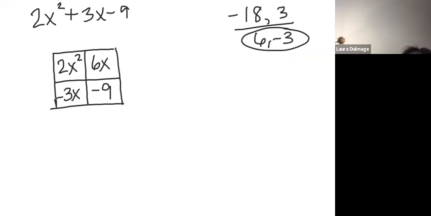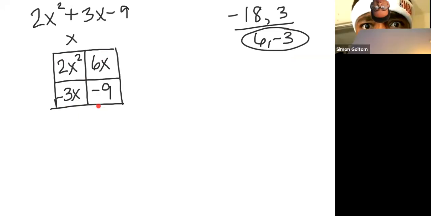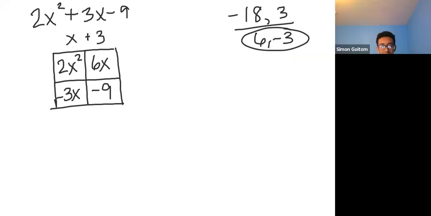We want to take out GCF, right? What do we get for the GCF here of 2x squared and -3x? Just x. Yes. How about the GCF here? 3. Cool, and it's positive, so I'll just put it as a plus.